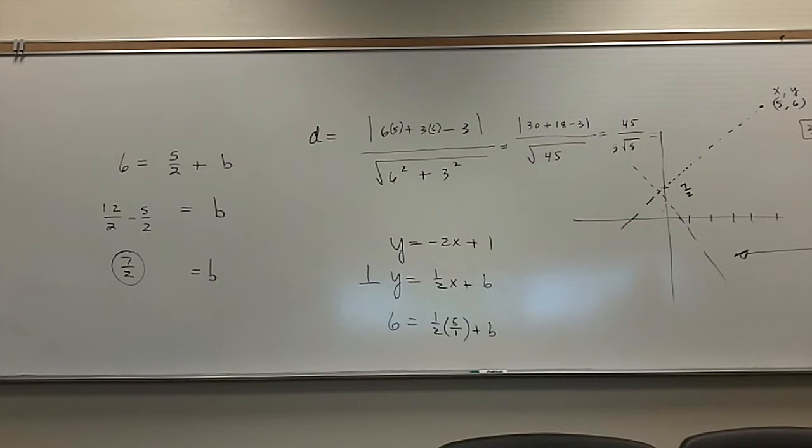You can find the point of intersection. Right. You may be asked, where do those two lines cross each other? At what point do they cross each other? And all you'd have to do is set one equation equal to the other one.